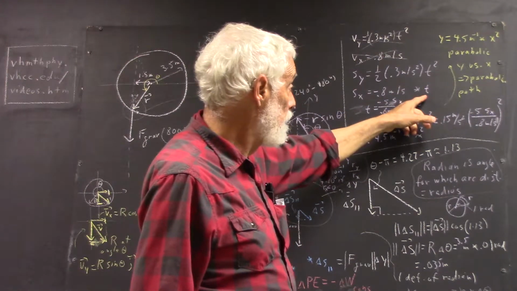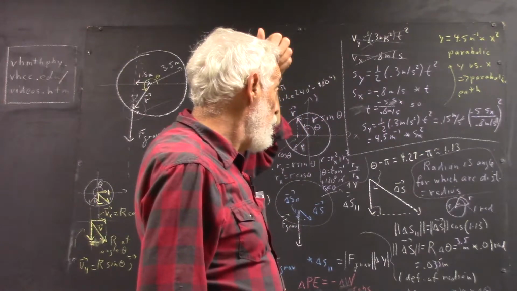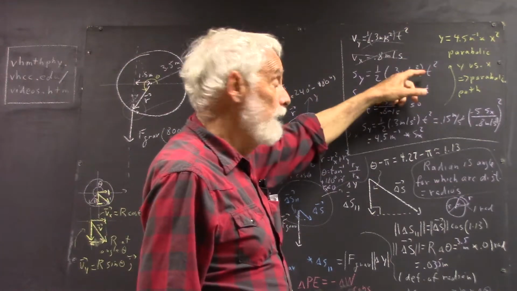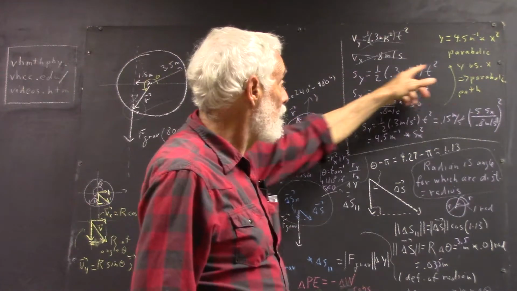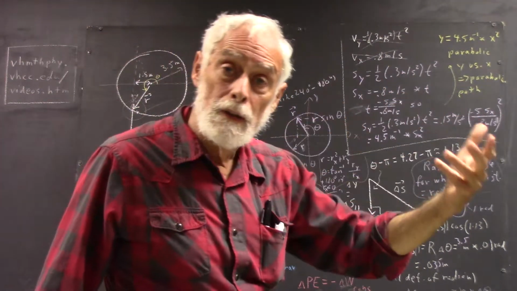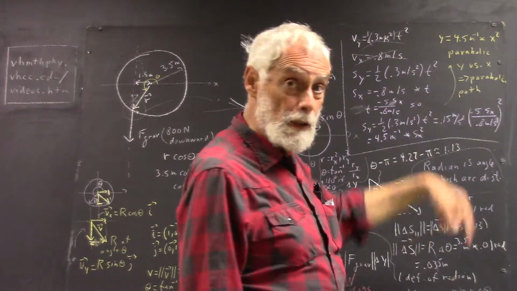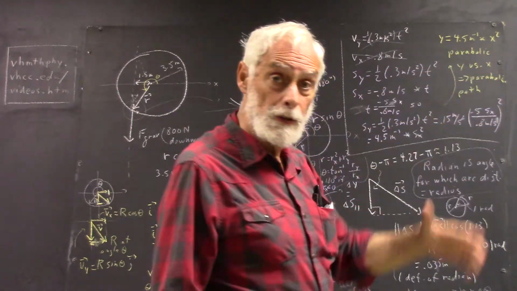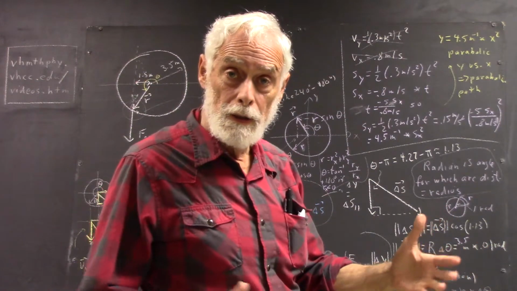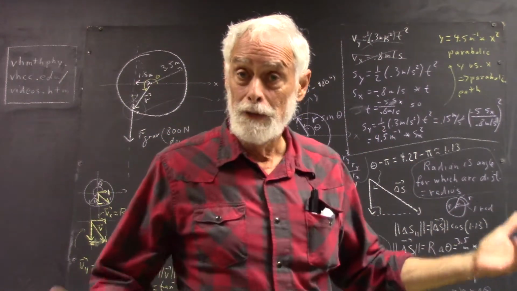Since this is linear in t, it's going to be linear in the x-coordinate. And since this is quadratic in t, this position will be quadratic in x. So we'll always have a parabolic path. Maybe not as simple as this one, but it's always parabolic because a graph of a quadratic function is always parabolic.